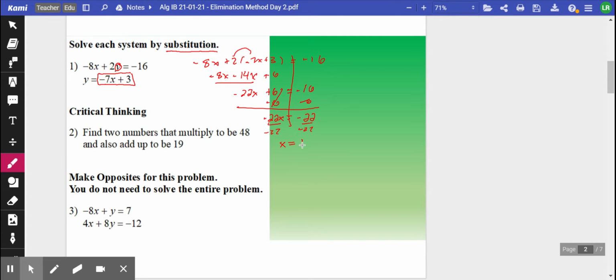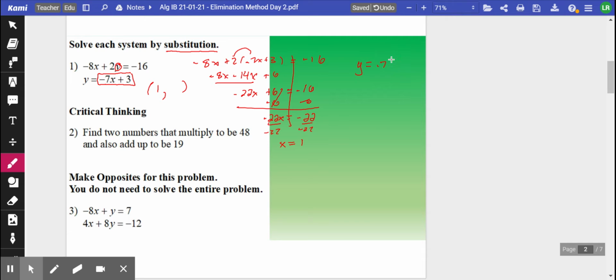So I have my first part. I know that the x value is 1. I still need to figure out what the y value is. So remember, we're going to plug this back in. Now, since I have a solved equation, I can use that when it's a little bit simpler, but this is an x answer. As long as you plug it in for an x, you should be fine. I'm going to use that bottom solved equation.